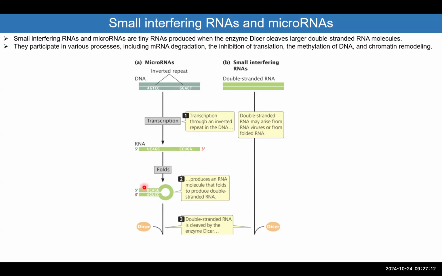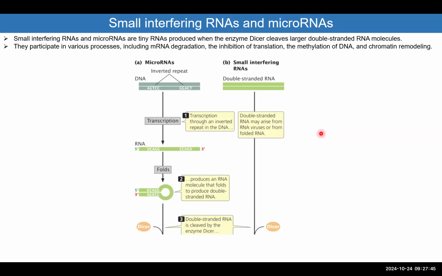So U and the A, then the C with the G, all the way to the end, will form this loop of RNA. And normally RNAs are single-stranded, but when they are double-stranded, then they are recognized by certain enzymes called dicer. Okay?